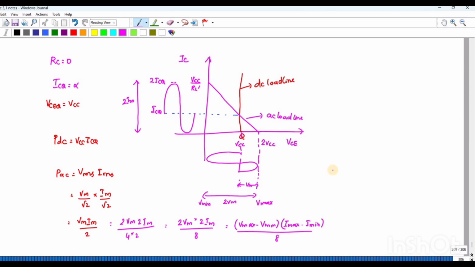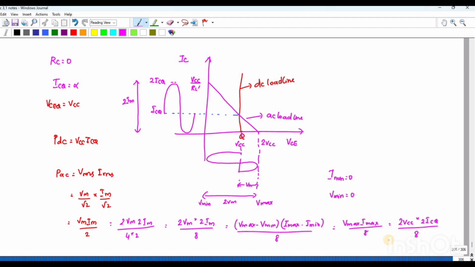The minimum value of I is 0 and the minimum value of V is also 0. So you substitute, and you will get Vmax Imax divided by 8, where the Vmax value is nothing but 2 VCC and the Imax value is nothing but 2 ICQ, divided by 8.